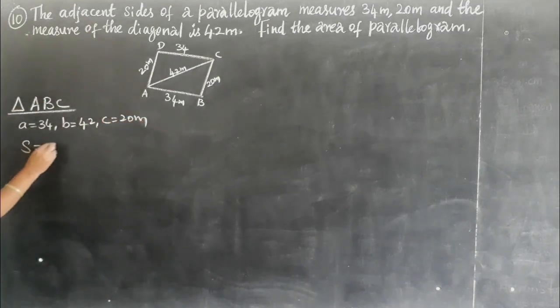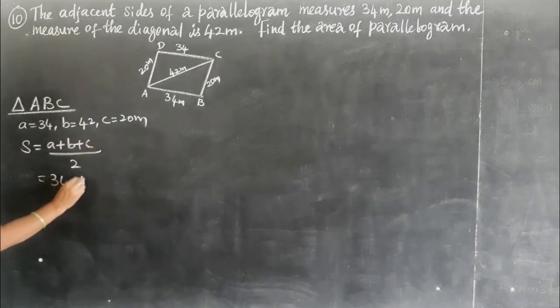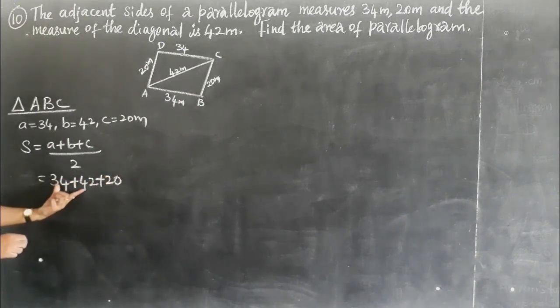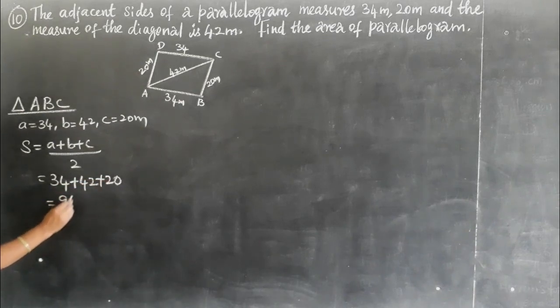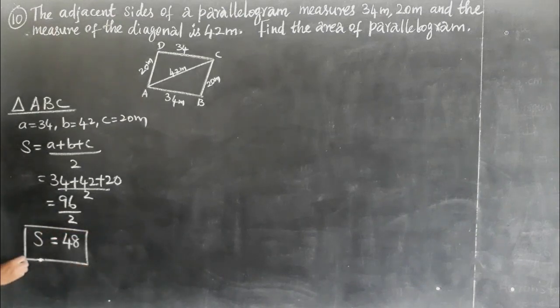So find S, which is (A plus B plus C) divided by 2. So 34 plus 42 plus 20: 76 plus 20 is 96, divided by 2 is 48. S is equal to 48.